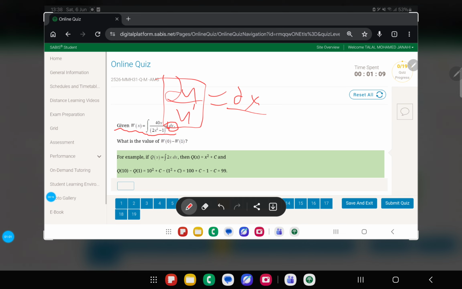So to solve in terms of u, to make it an easier equation to integrate, we need to substitute this expression here by u. So just keep it as u. Let me just show you.